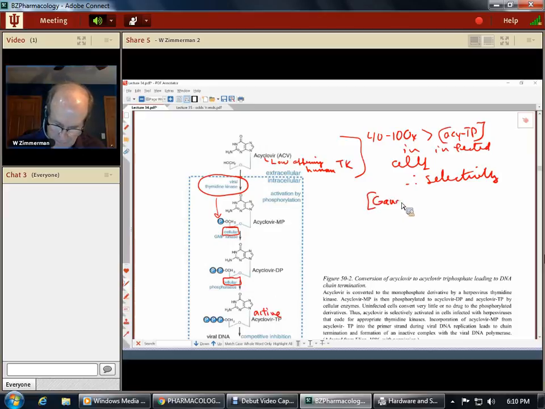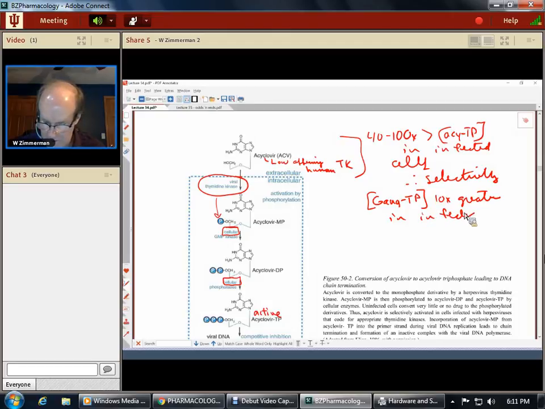The concentration of ganciclovir triphosphate is only about 10-fold greater in infected cells. I don't want you to remember these numbers, but that's why it's toxic. You get ganciclovir up to the concentration you need in virally infected cells, you will be affecting other cells.